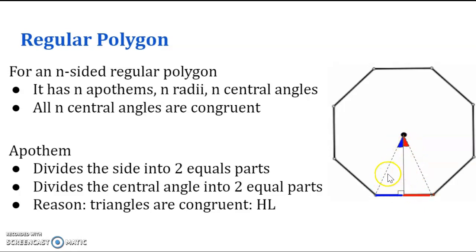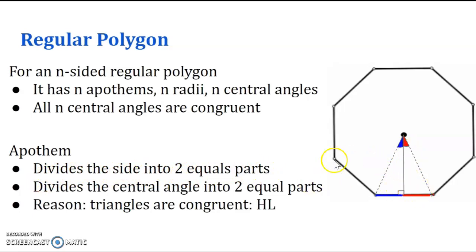So we have HL congruence, therefore the triangle on the left and the triangle on the right are congruent, which tells us that this blue angle and the red angle are congruent. So that divides the central angle into two equal parts, as well as this blue side and the red side, the corresponding sides of congruent triangles. So they are equal, so we can conclude that the apothem divides the side into two equal parts.